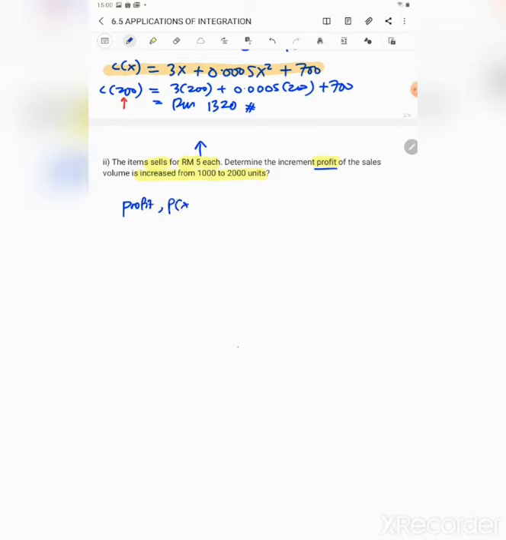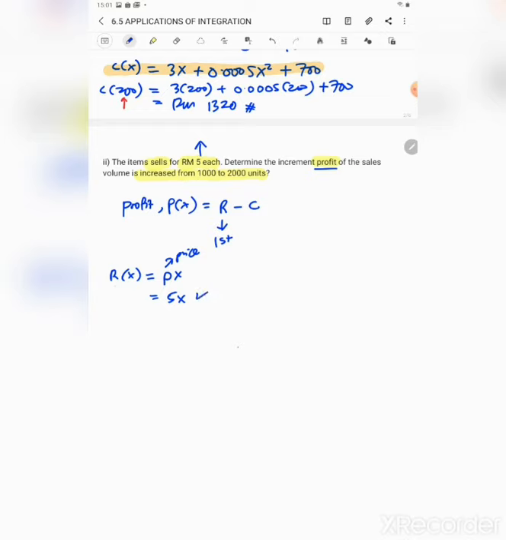P(x) is equal to R minus C, right? To find R, we find R first. R(x) is equal to P times x. What is P? P is the price, the selling price. So our selling price now is 5, multiplied by x, the quantity. Now this is the value for R(x).